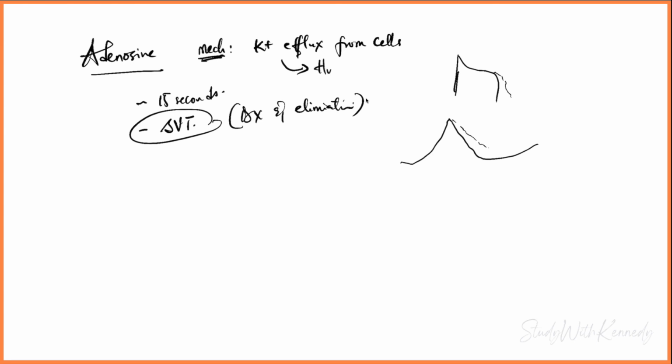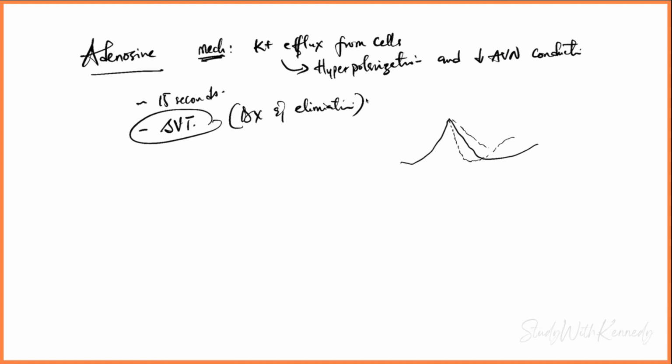And adenosine is going to cause hyperpolarization and decreased AV node conduction. So automatically, when you think of adenosine, you decrease the slope of this phase of the action potential.